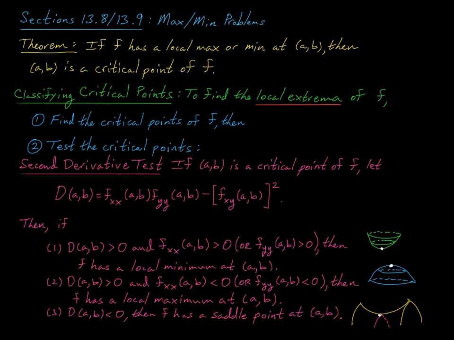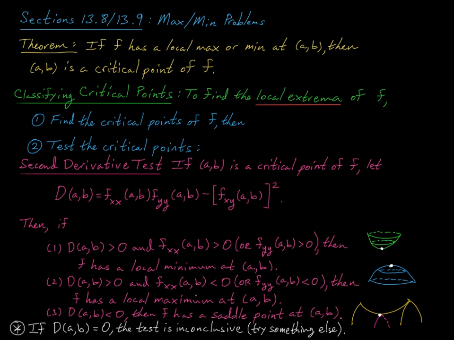So at this point, it's not a max or a min. If I'm standing right here, if I move right along this purple cross section, my z coordinate is going to decrease. But if I move along this yellow cross section, then my z coordinate increases. So a saddle point is neither a local max or min.